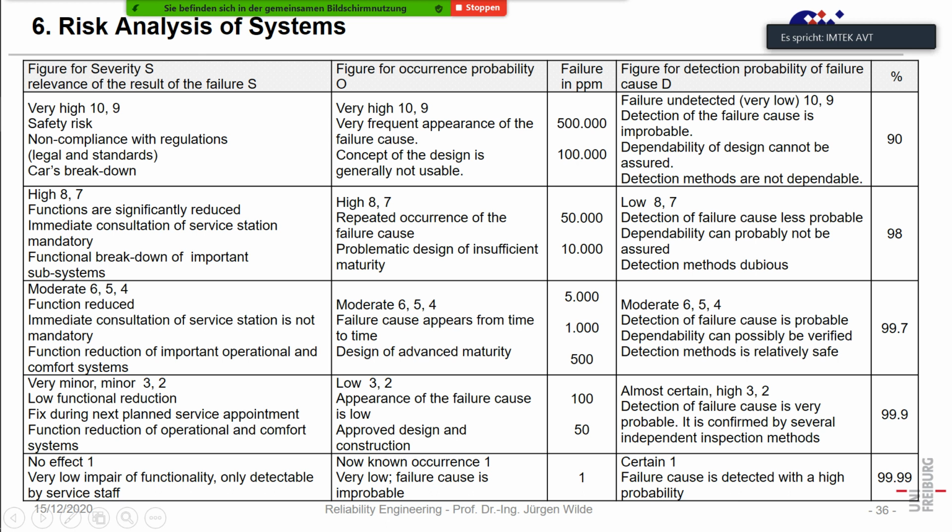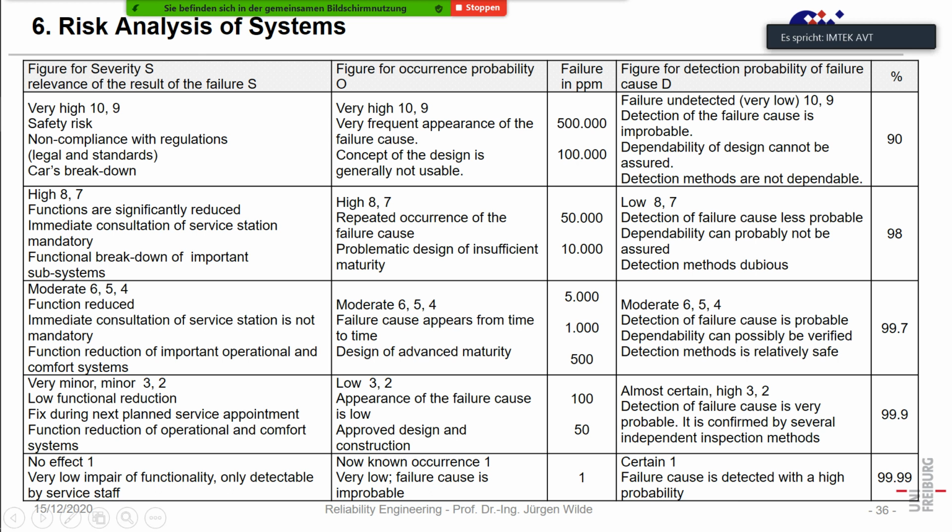Then we have the detection probability of the failure cause. And here it is expected that by such detection measures, we have a very high probability of failure detection.